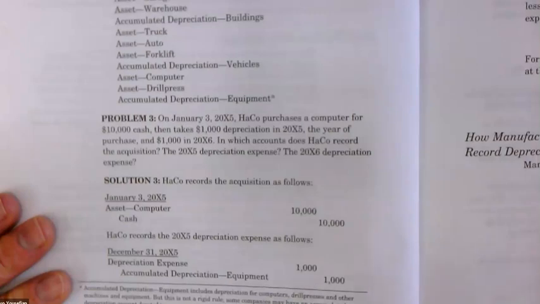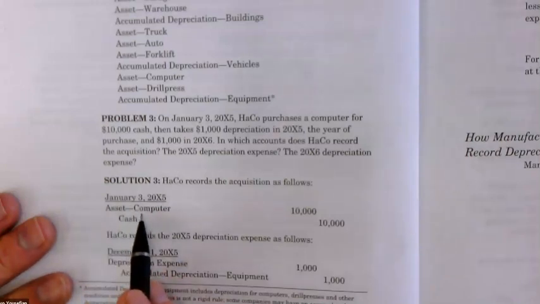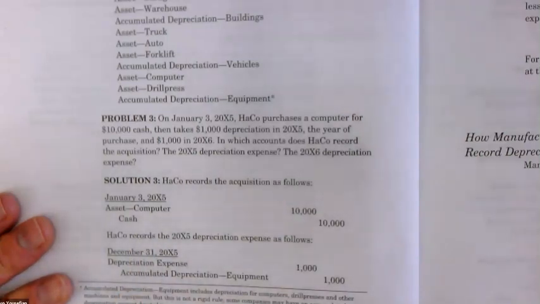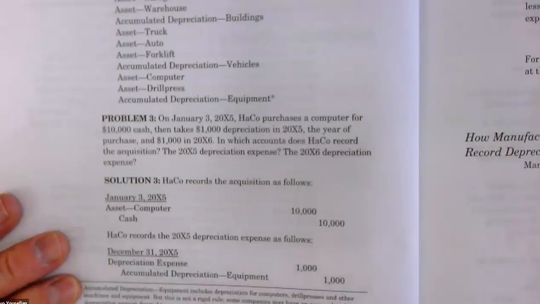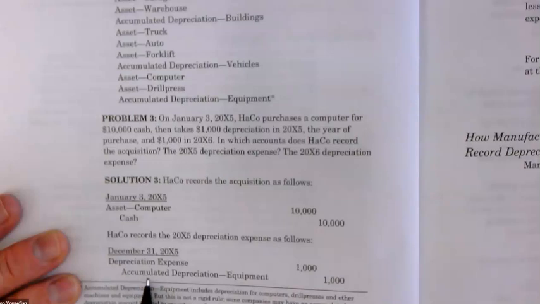At the end of the year, we don't have any expense yet. We capitalize the asset in order to depreciate it at the end of the period. So at the end of the year, in this case, we record the depreciation expense of this capitalized asset, and we credit accumulated depreciation, dash, equipment to have a record of how much has been depreciated so far.